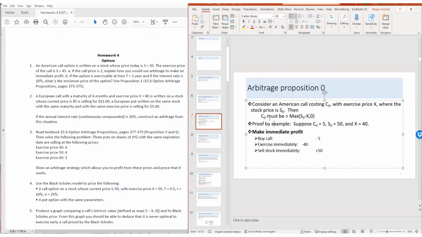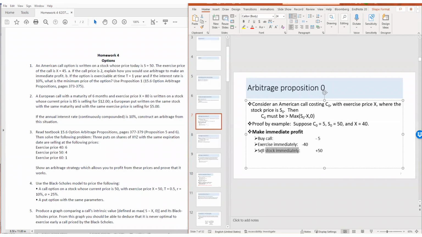Then what we can do here is to construct a strategy to make immediate profit. So how do we make immediate profit? You're going to buy a call with exercise price, which is very low, $40. So pay $5 for buying a call so that you have an option to buy the stock at $40. And since it's an American option, you can exercise it early. So you can exercise it immediately, pay $40 to buy the stock.